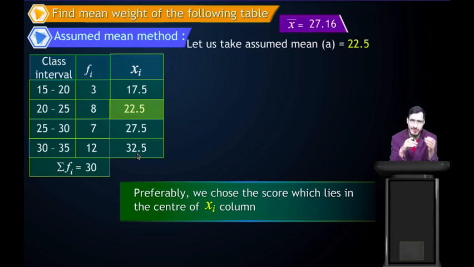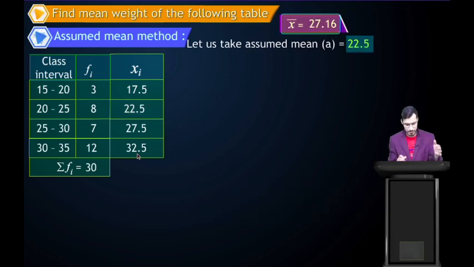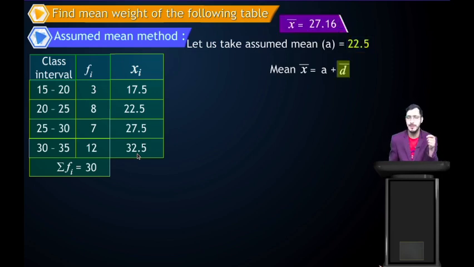So let us take the assumed mean A equal to 22.5. That is the first step. The next step: the mean is equal to A plus d bar.